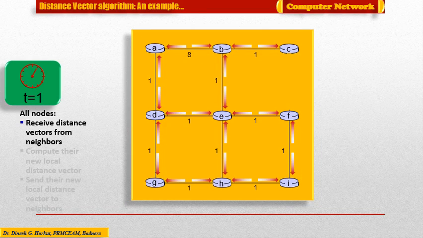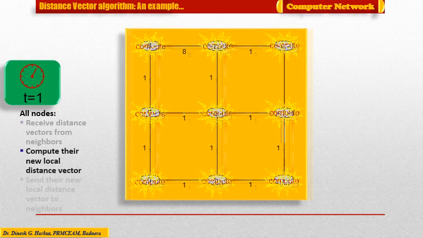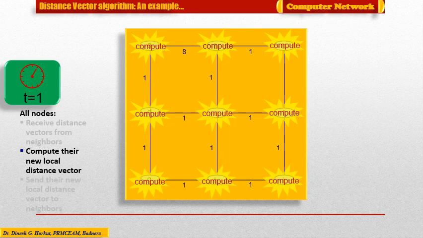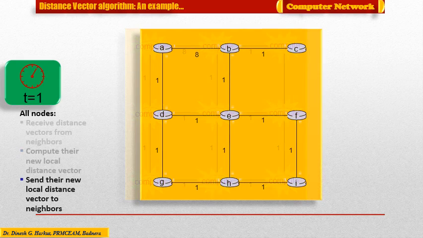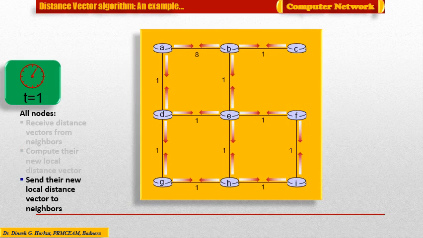All nodes in turn receive distance vectors from the neighbors. After receiving updates, the distance vectors from the neighbors, these local nodes recompute their distance vector. And after recomputing, they will again send the recomputed, updated distance vectors to their neighbors.